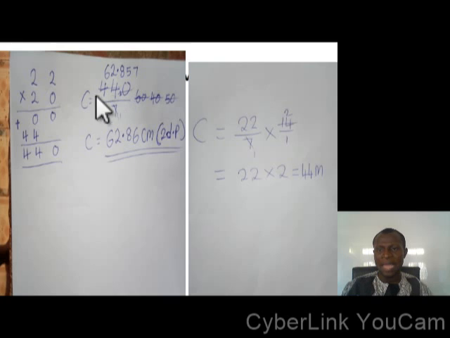So 7 divide 44 will give us 6, remainder 2. So that 2 that remains, we place it before the next number, the 0. So we have 2 and 0, that will give us 20. So we can now say 7 divide 20 will give us 2, remainder 6.